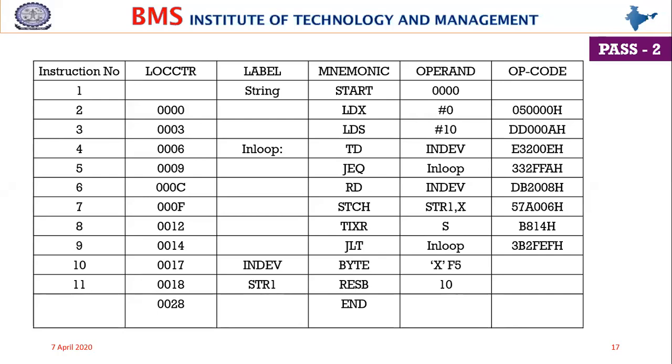If the operating system provides some address, let me say 3000, then the instruction which is assembled using 0000 will be placed in 3000, correct? So next 0003 will be placed at 3003.